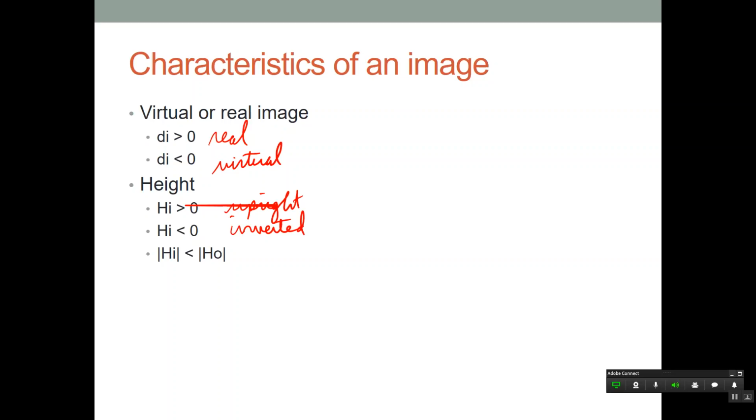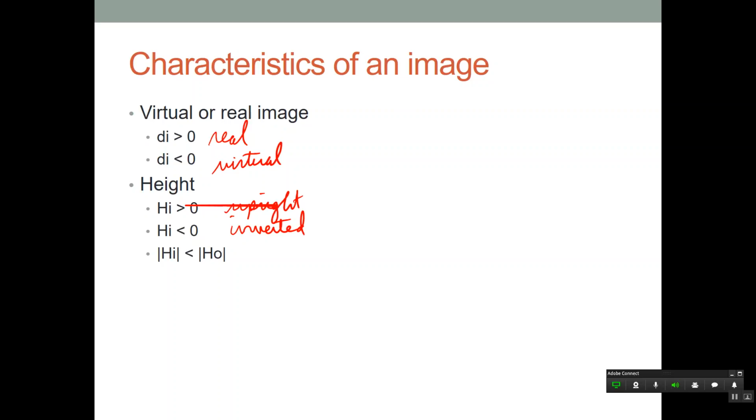What happens if the height of the image, the absolute value of it, we're ignoring the negative sign now, is smaller than the height of the object? Do we consider that to be magnifying or demagnifying? Demagnifying. That's not even a word. What's the actual word for the opposite of magnification? Let's go with shrunk.